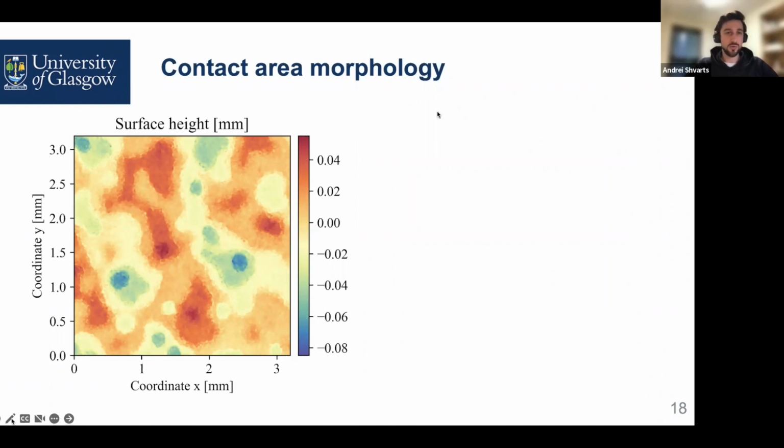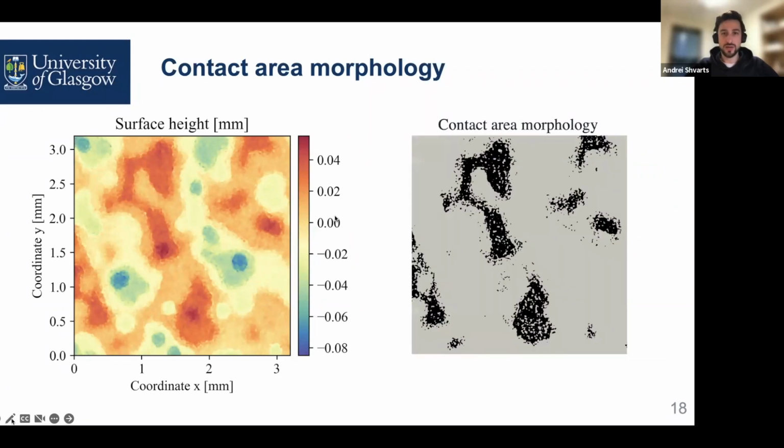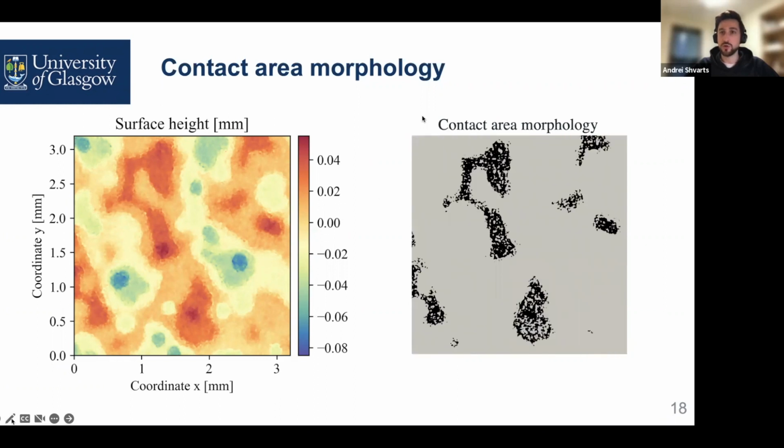So first, let's look into this surface height profile. The height is shown here with the color. And you can notice that the red zones over here correspond to the mountains of the surface, you could say, and the blue zones correspond to the valleys of the surface. And then when we analyze the results of the simulation, we can look into the contact area.